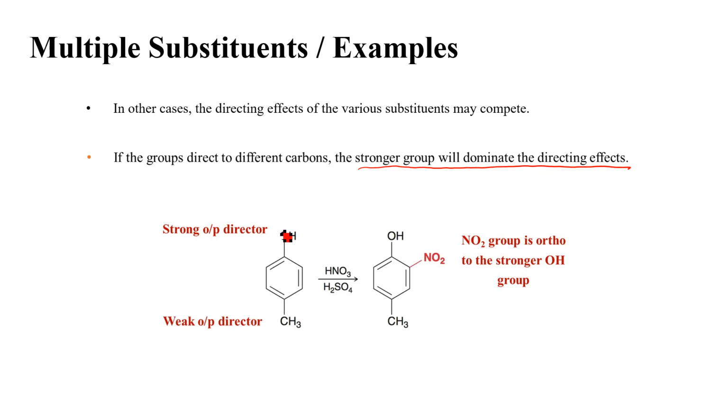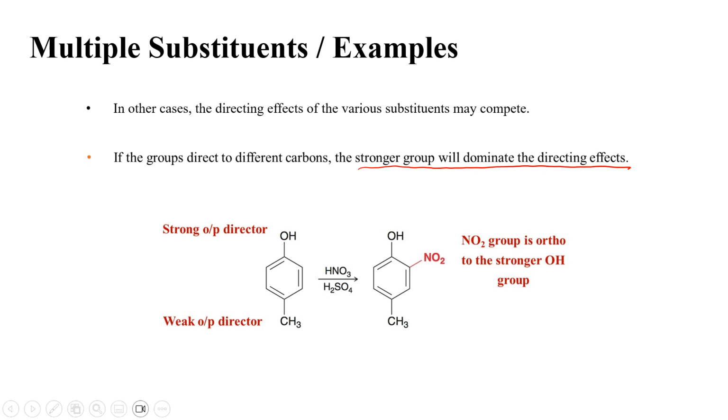You guys remember that from the last video? It's because we have a lone pair on the oxygen that can donate electrons to the ring. You guys can do resonance over there. You see how the electrons are going to end up on an ortho position, and those electrons could be nucleophilic towards an electrophile, in this case, the nitro group.